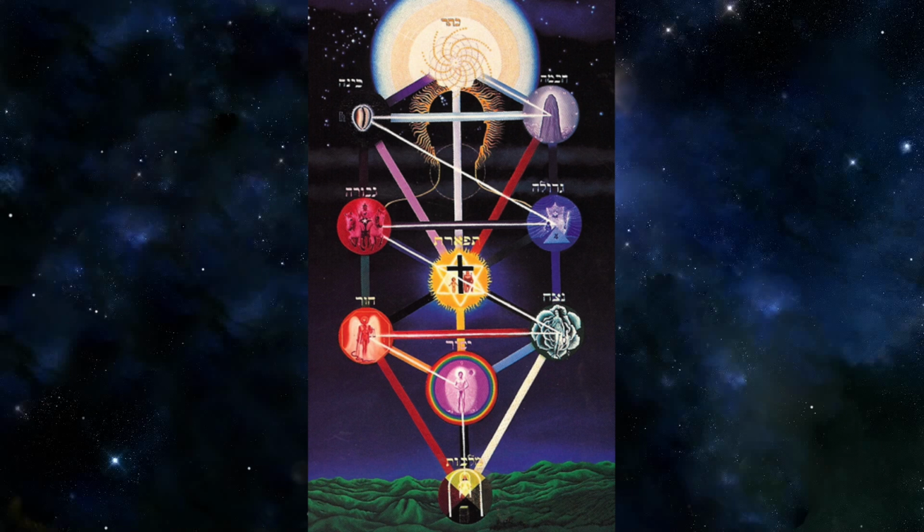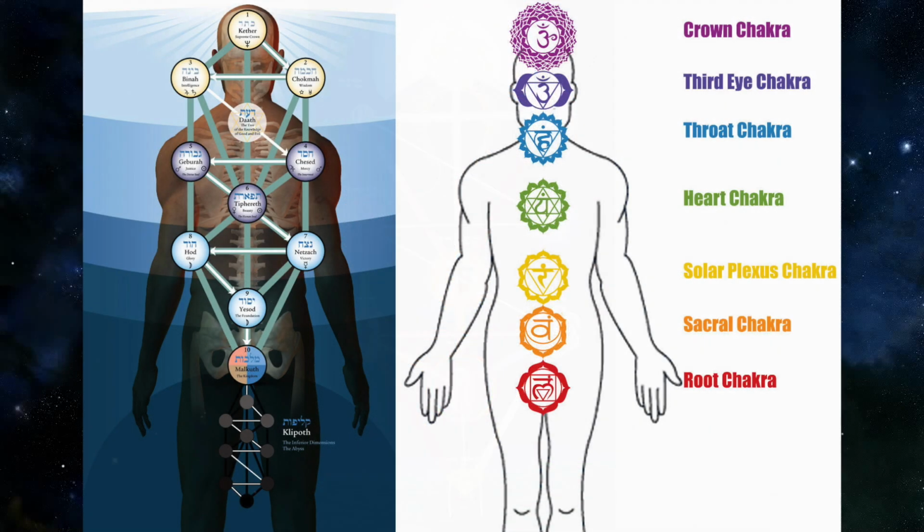If we collapse the 3 dualistic sephiroth into one along the middle pillar, we would get the 7 chakras. The base, or Muladhara chakra, the root chakra, and I corresponded that to Saturn in the attributions related to the planets when it comes to correlating them with the chakras of the body.